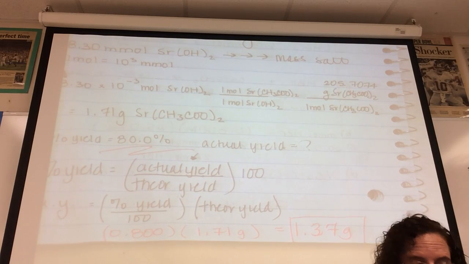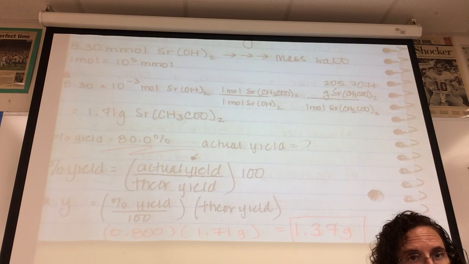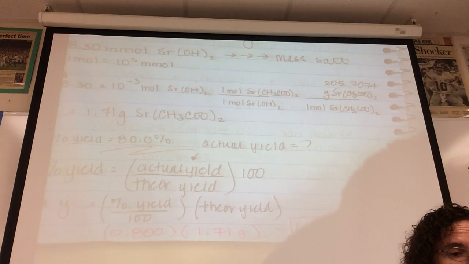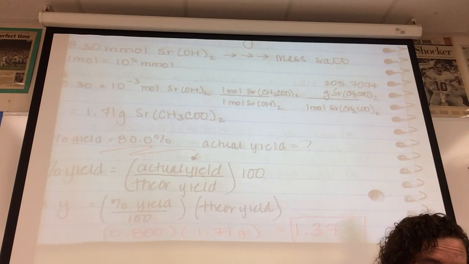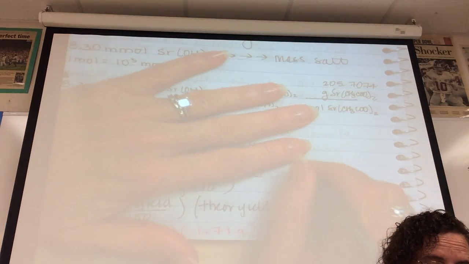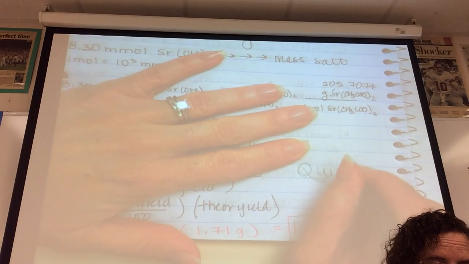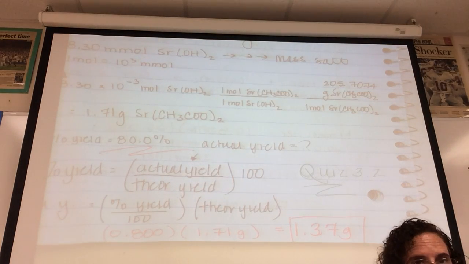All right. Now these pieces are review. You know how to do them already. It looks from some of your faces like you need some review there, and we can get that review. If this looks very foreign to you, you will want to review quiz 3.2. That's where this concept was assessed from stoichiometry.